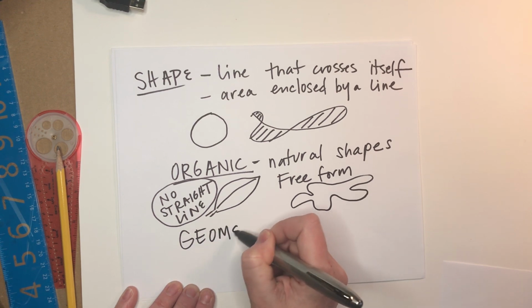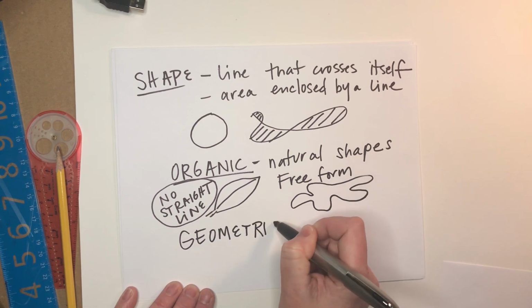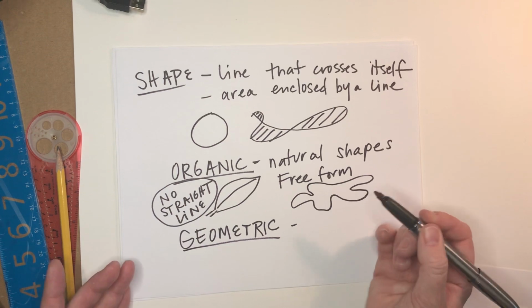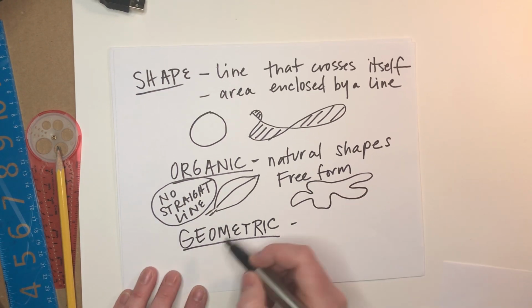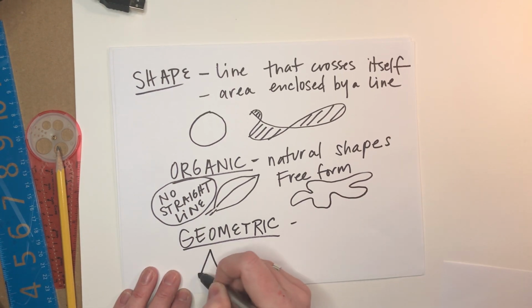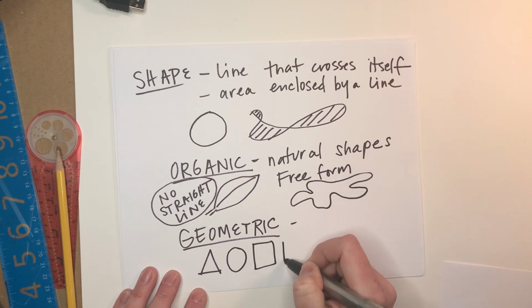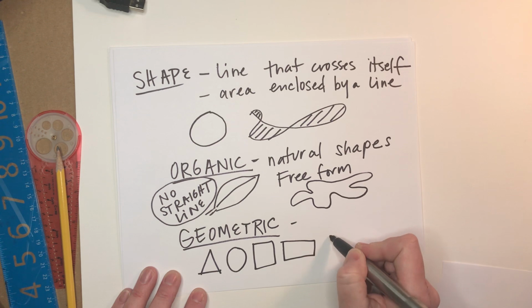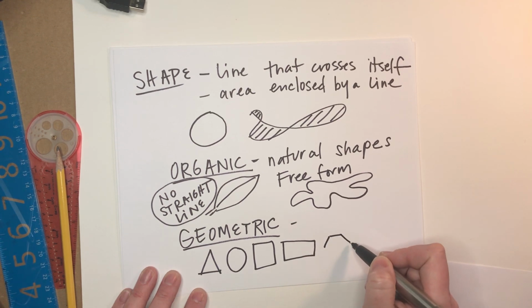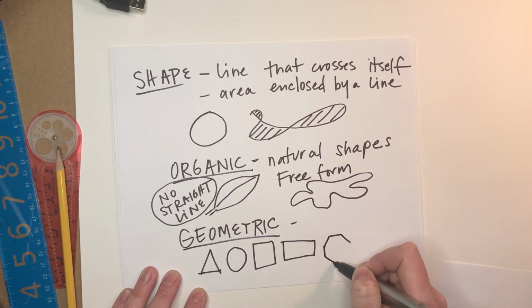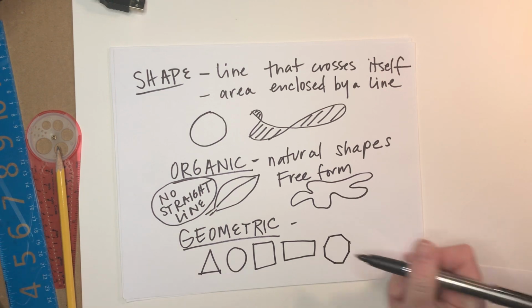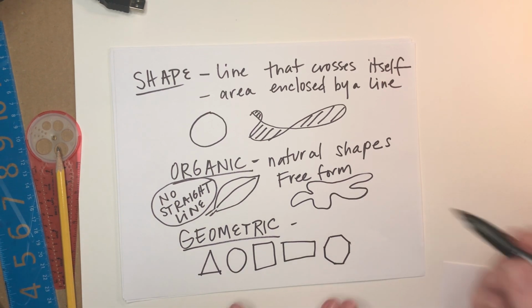geometric. Think of geometric like the class you take called geometry. What do you study in that class? You study triangles and circles and squares and rectangles and the stop sign shape, I forget what it's called, octagon or something, all of those.